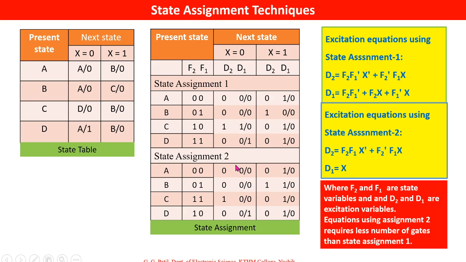In case first and case second, the final equations which we get are different, and if we see carefully we come to know that in state assignment 1 the number of terms obtained for D2 and D1 are more, containing three variables in each term and many terms, so the equations derived in state assignment 1 are complex, while in state assignment 2 D2 has two terms in the final equation while D1 equals x.